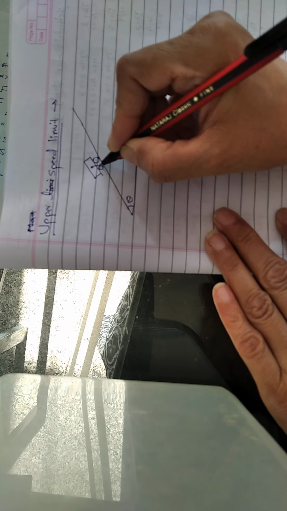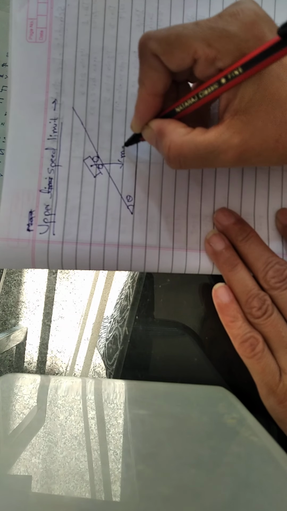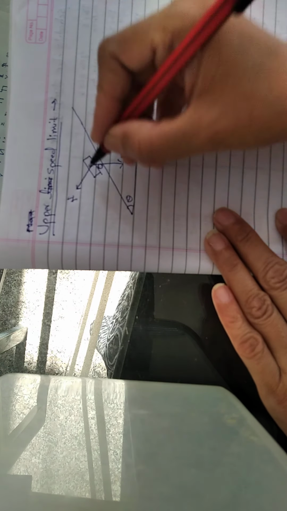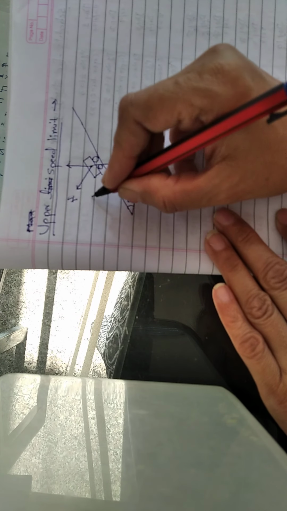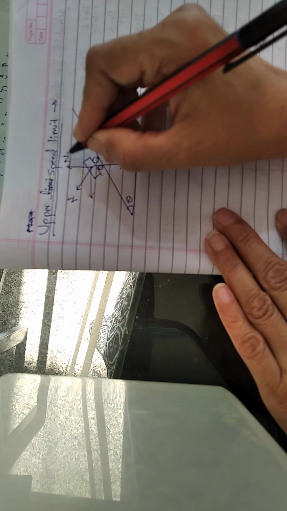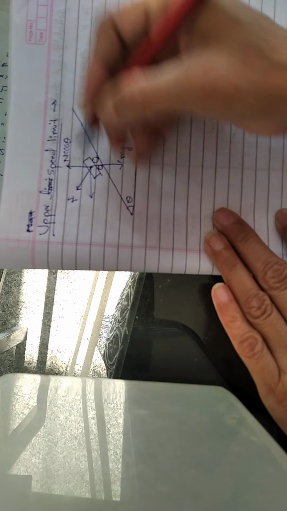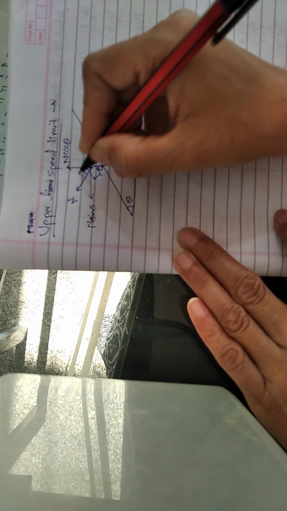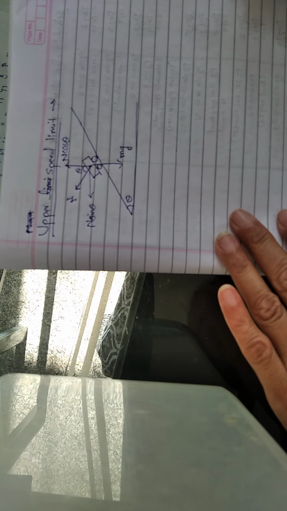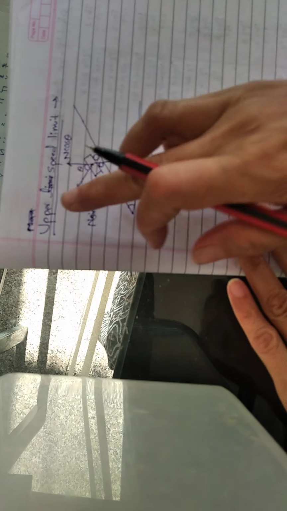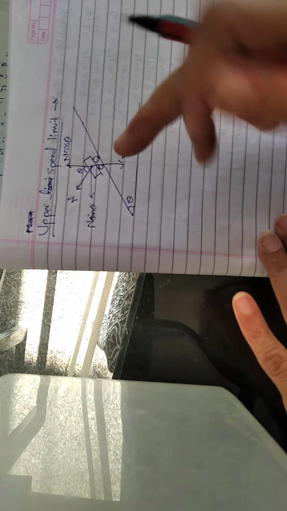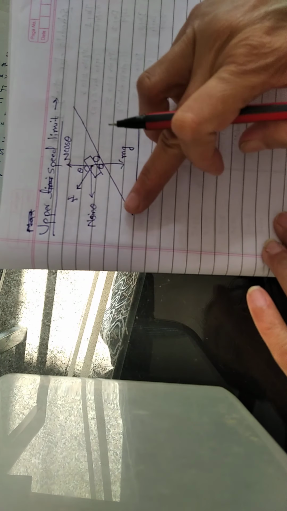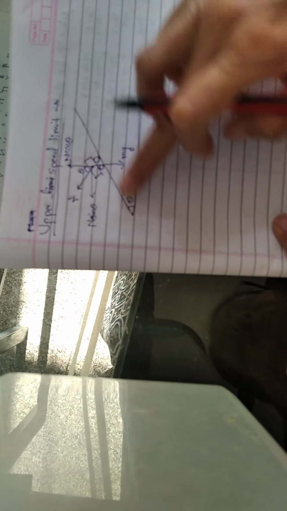Vertically downward is mg, here N. This can be resolved into two components: vertically upward is N cos theta, and this is N sin theta. This angle theta, don't forget to show it. What I told, when the vehicle is moving with the maximum speed, it moves away from the center.